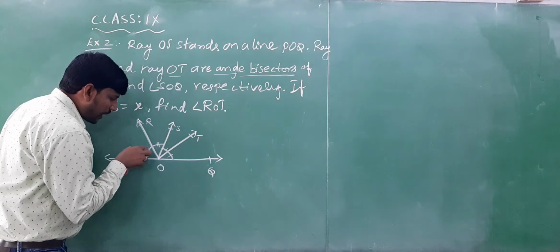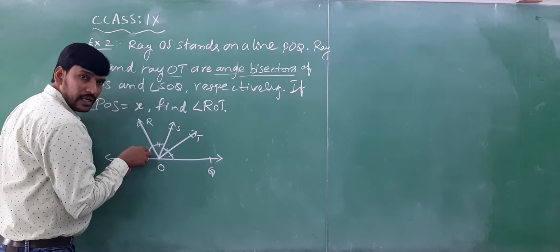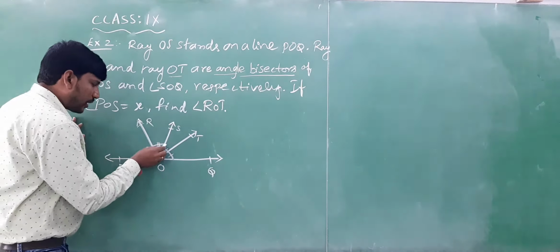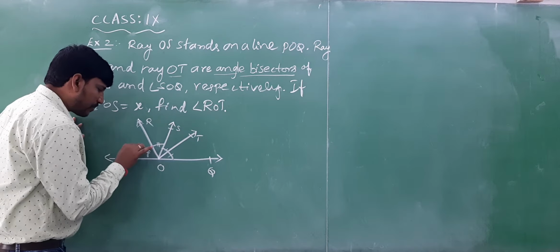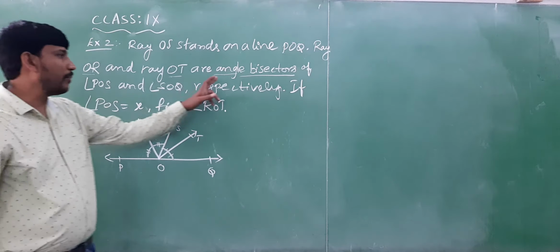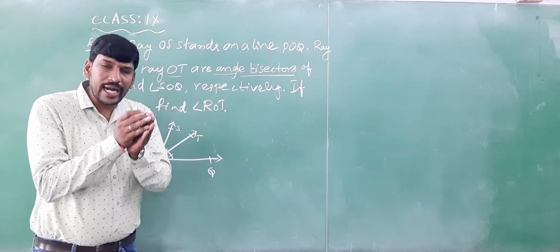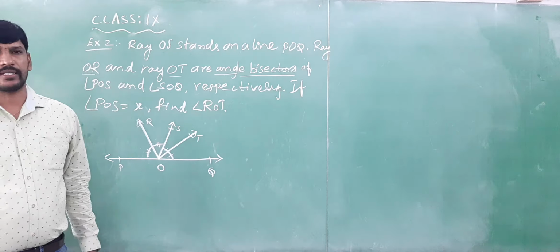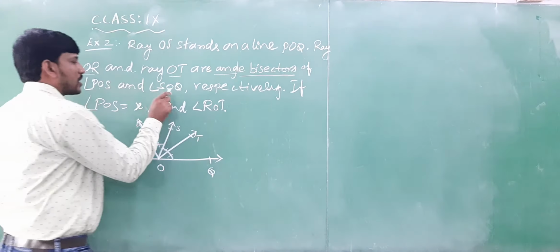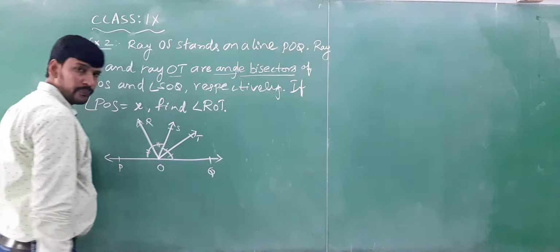Two lines means these two are equal, one line means these two are equal. So the total angle is 120 degrees, then this will become 60 and this also will become 60. Clear? An angle bisector is nothing but it divides the angle into two equal parts. Is this clear, children?